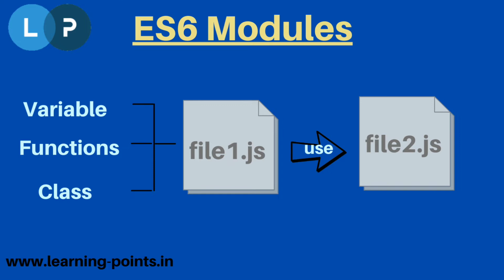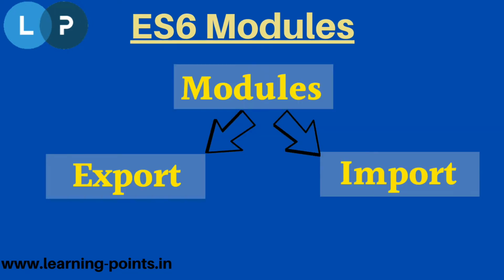For this, in ECMAScript we have the option of export. Basically a module can be exported and imported, and by using these two keywords we can do this easily. Let's take an example and see how it's working.